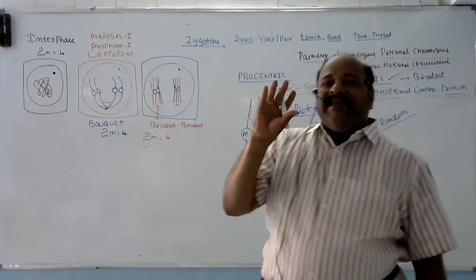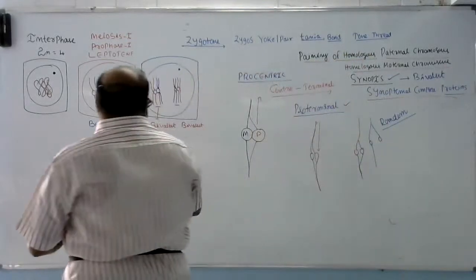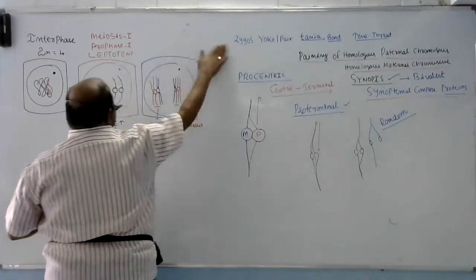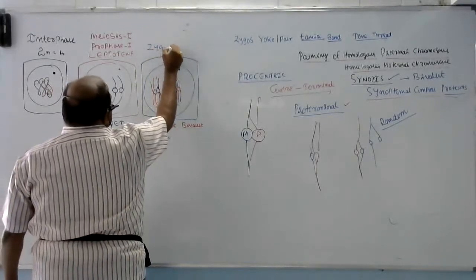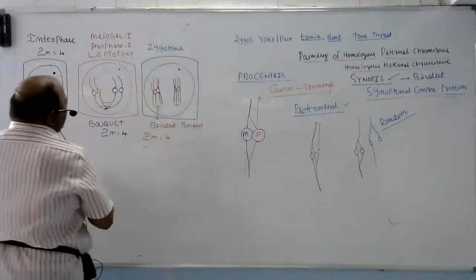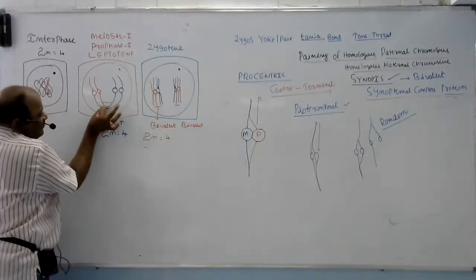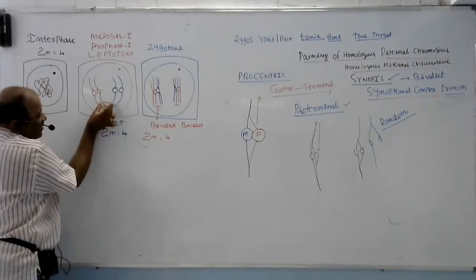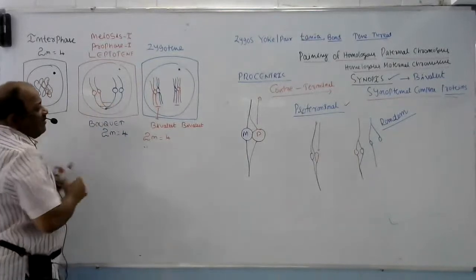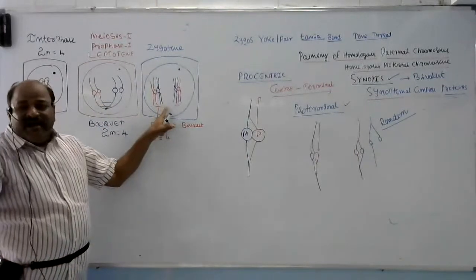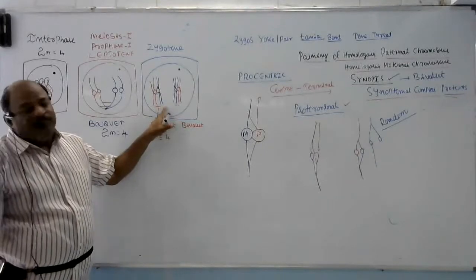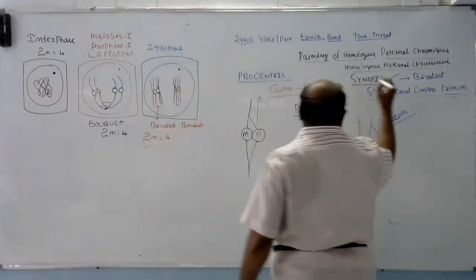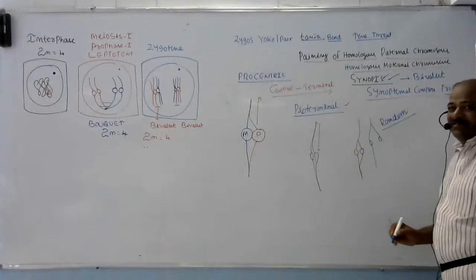So what are the key points you have to remember in the zygotene process? In the zygotene stage, attraction forces develop between the homologous paternal and maternal chromosomes. Now they form pairs. The pairing process is called synapsis.